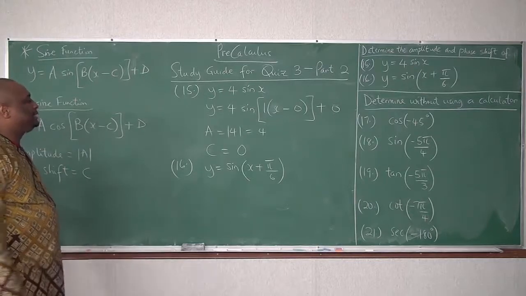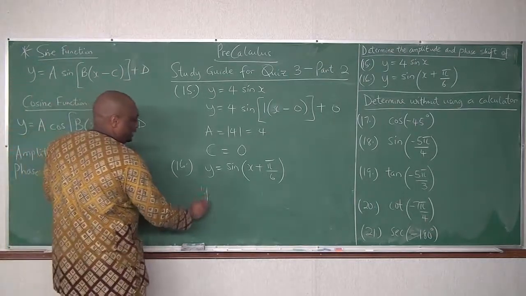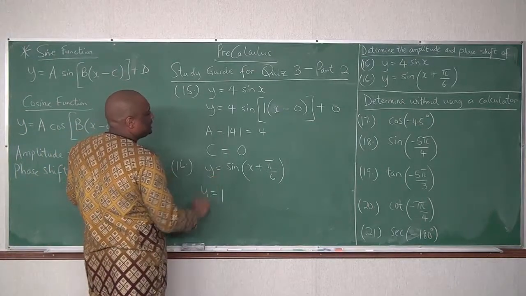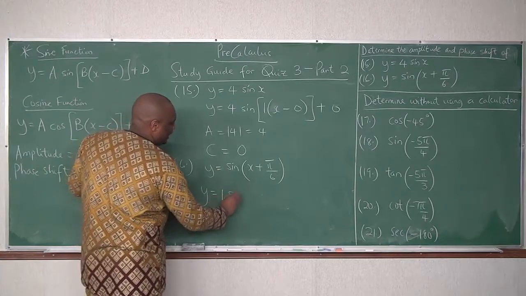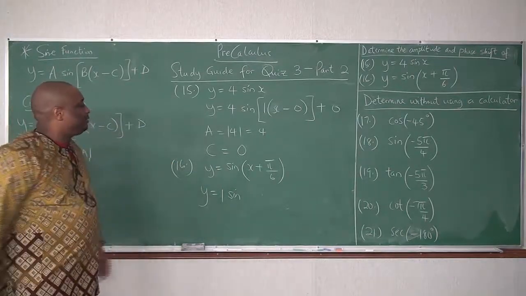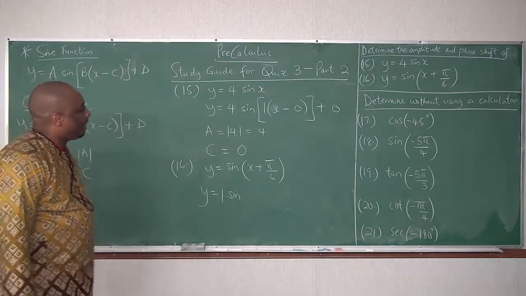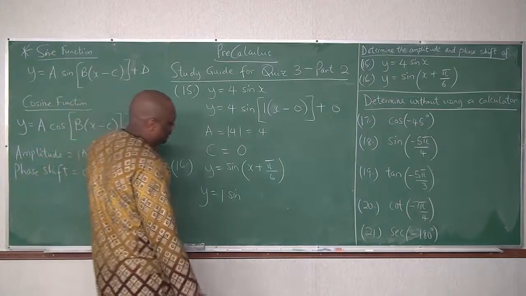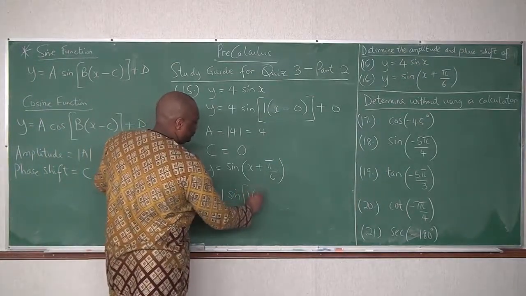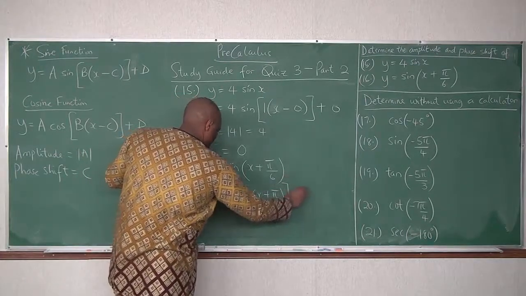So let's put it in the general form. This means that y is equal to 1, because this is like 1 sine. It's not going to be 0. 0 times everything is 0. So it's going to be 1. 1 times everything is that thing. 1 sine, we have 1 x plus pi over 6, then plus 0.